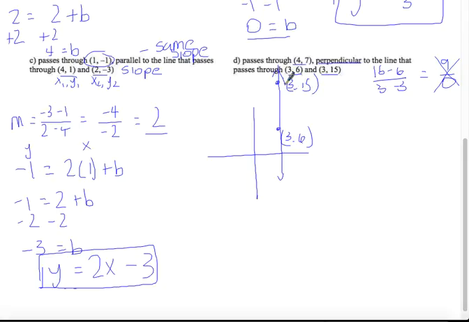The line perpendicular to a vertical line would be a horizontal line. So if this is vertical, right, then perpendicular is going to be a horizontal line.